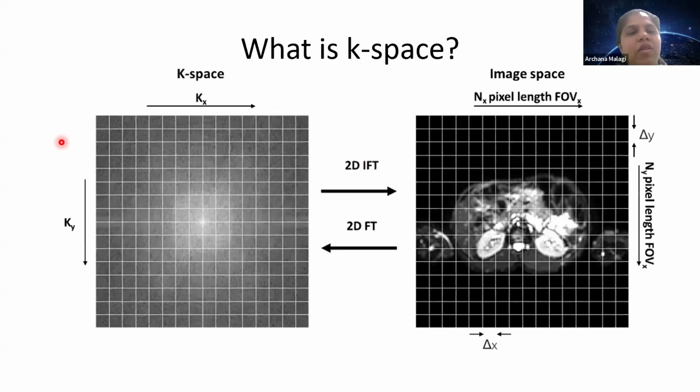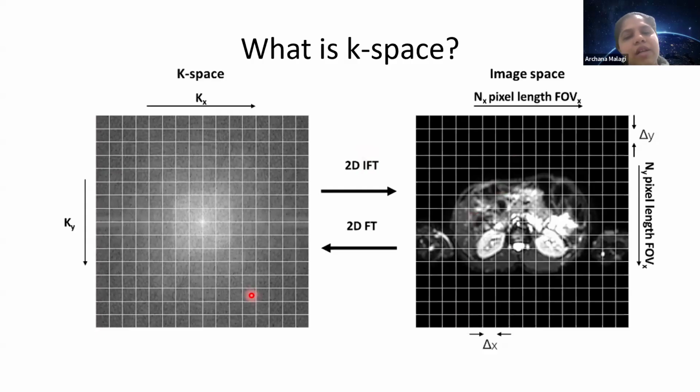If you do an inverse Fourier transform, with kx along this direction and ky along this direction, you can get a pixel or voxel here. You can see here, this is an image corresponding to this. If we do the inverse Fourier transform, we get this particular voxel intensity in imaging space.